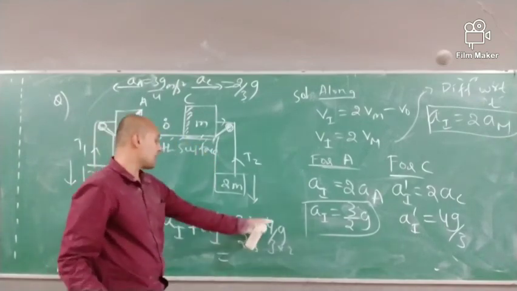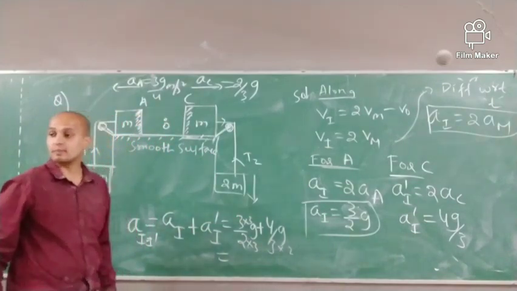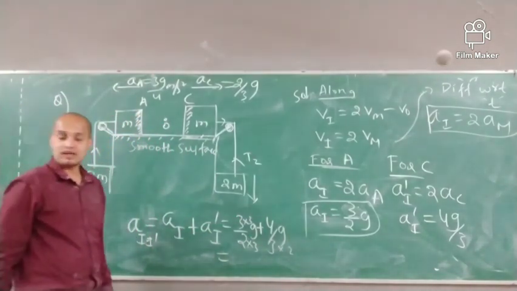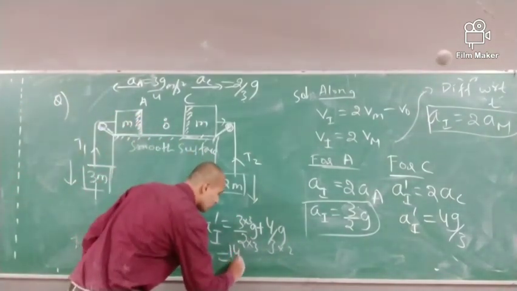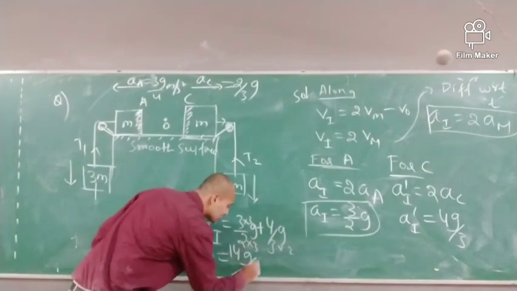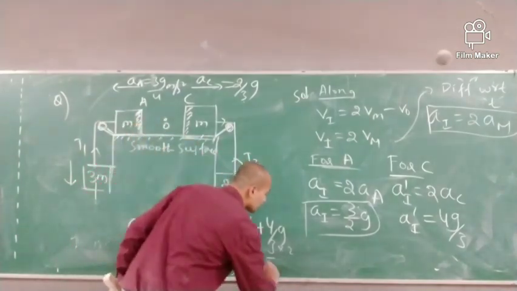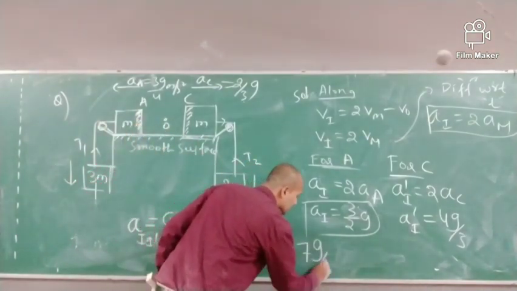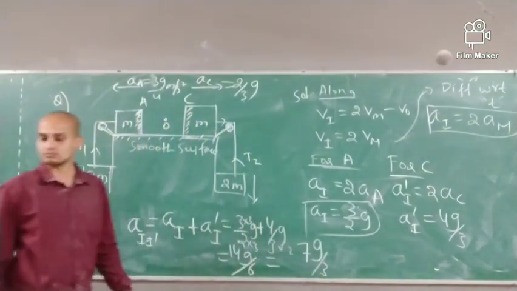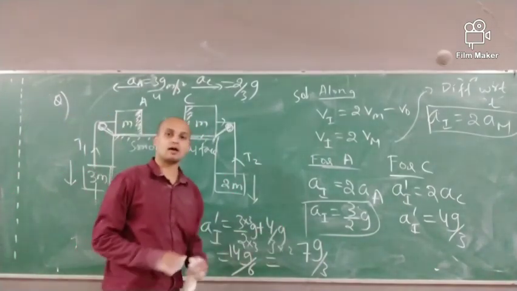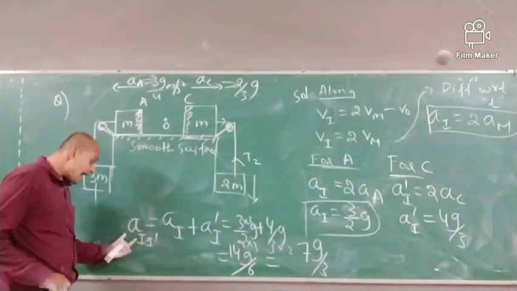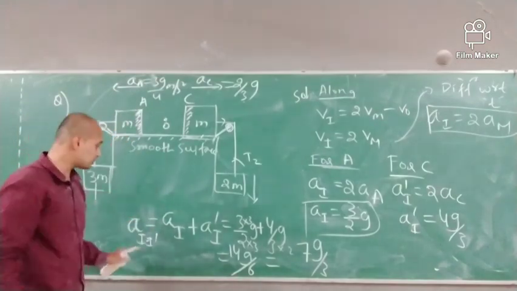Correct now? 8 plus 6 is 14. 14G by 6 can be written as 7G by 3 is the answer. Acceleration of images with respect to each other.